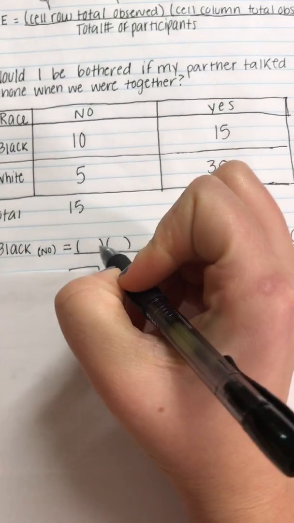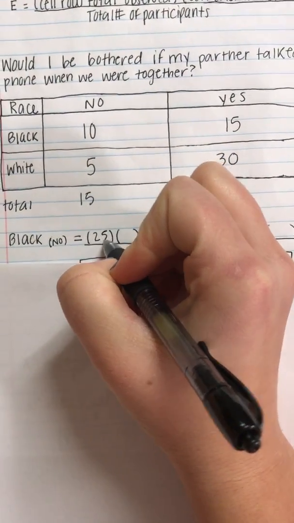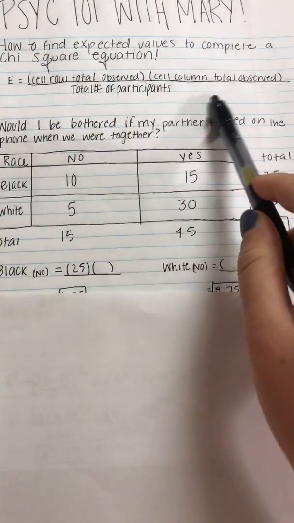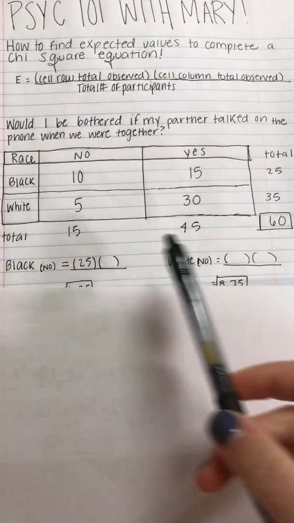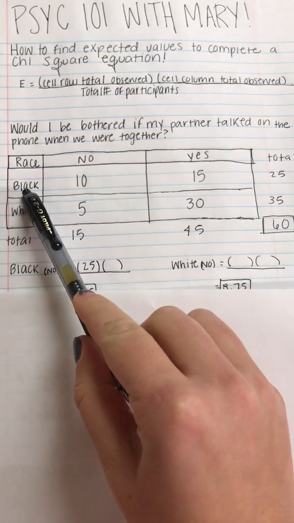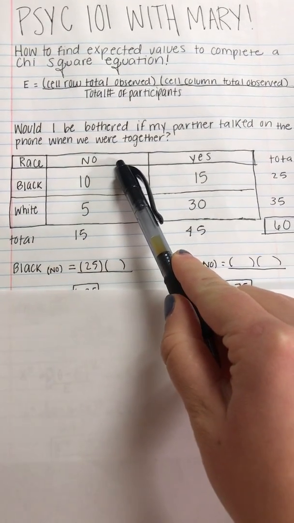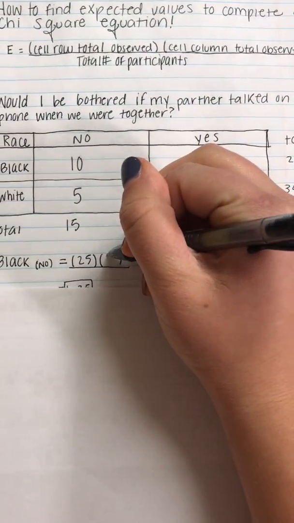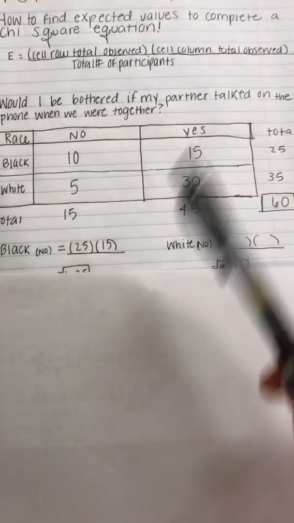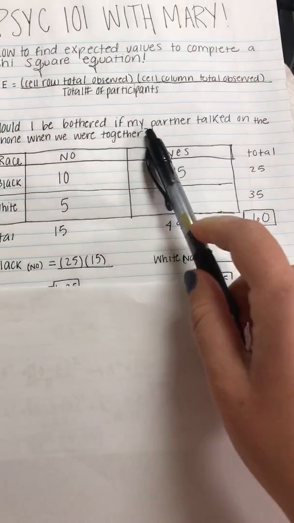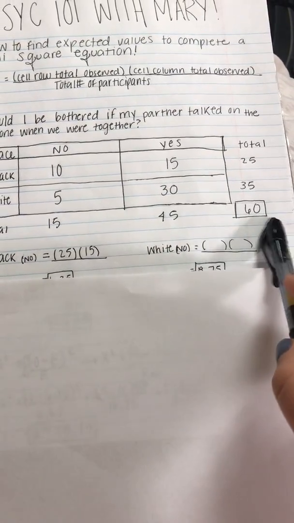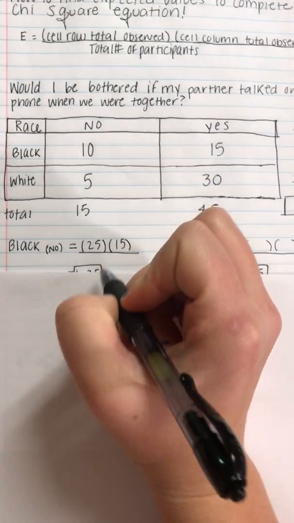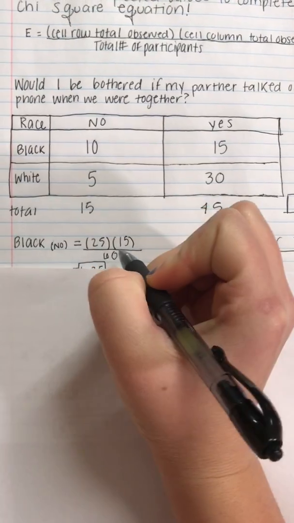So we will write down the number 25. Next we have to find the cell column total observed. So we would go over to black, go to no, and then go down to 15. Then we would write in 15. Since we need the total number of participants, we'd look over in the box and find 60. So under here, we would write 60.